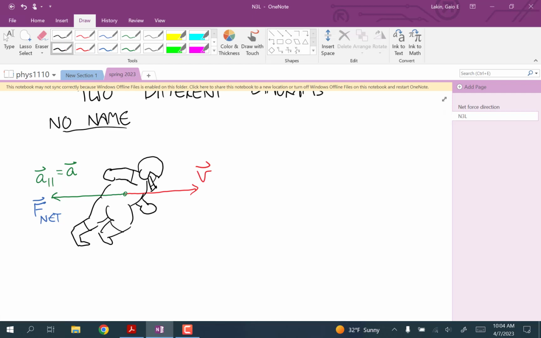The other type of diagram is a free body diagram. And this doesn't have any of these things on it. Okay, it doesn't have velocity, acceleration, net force. All it has on it is individual forces.